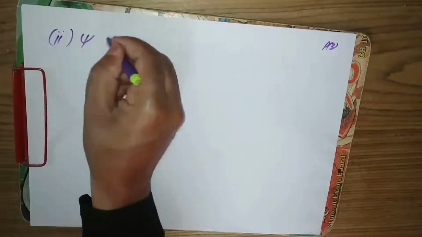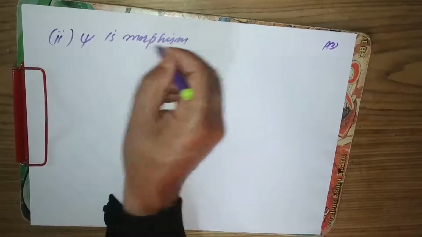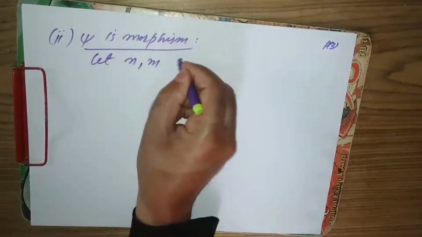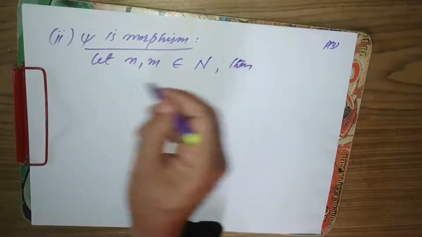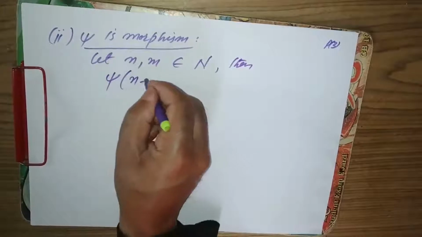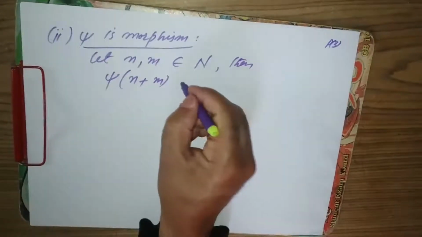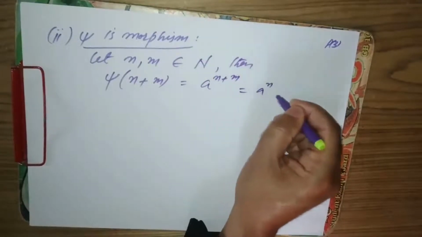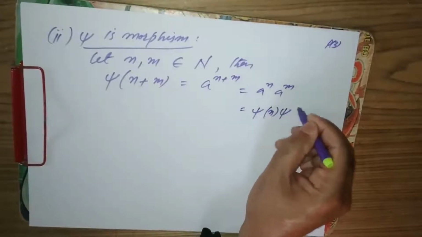Now the second one: psi is a morphism. Let's take any two elements in the domain N. Since the operation here is addition, psi of n plus m is equal to a power n plus m, which is equal to a power n into a power m, that's equal to psi of n into psi of m.